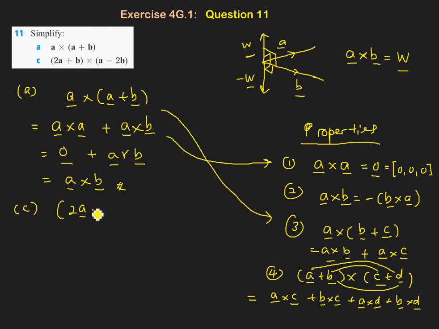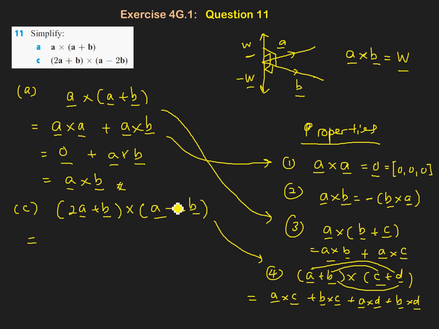Start from the given expression. This is actually property 4, where 2A is your A and B is the same as the B here, and cross C plus D, but now the C is A and the D is negative 2B.